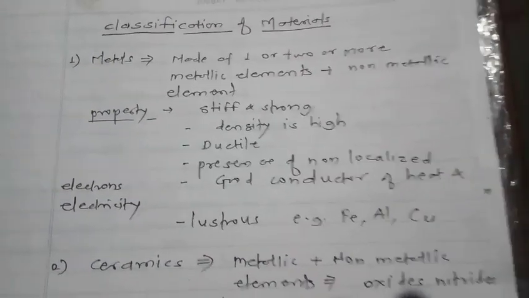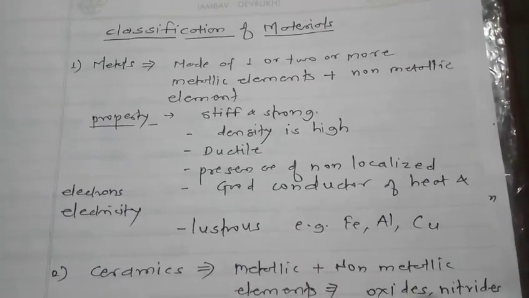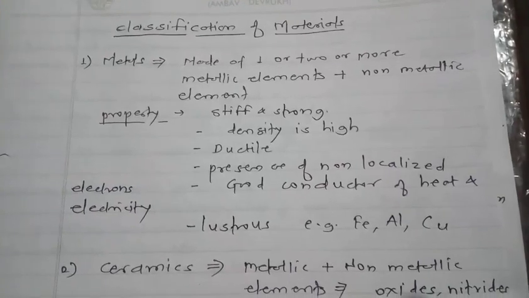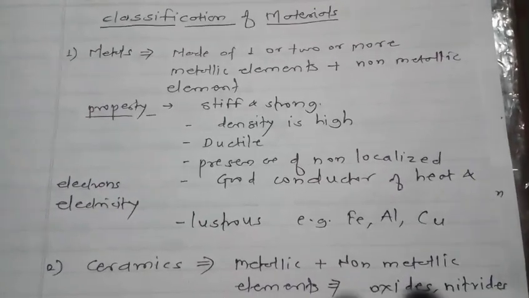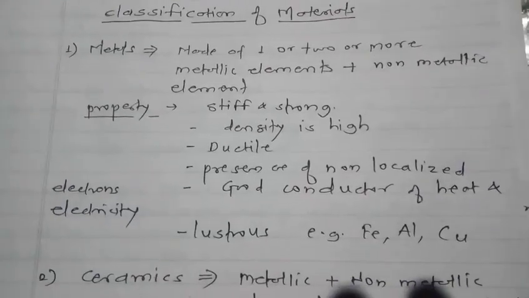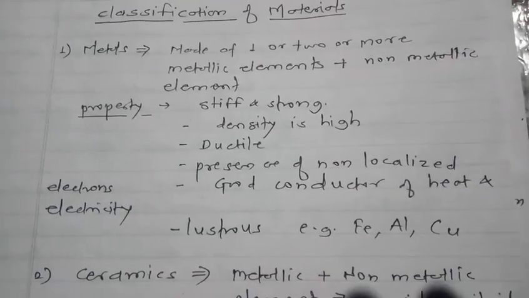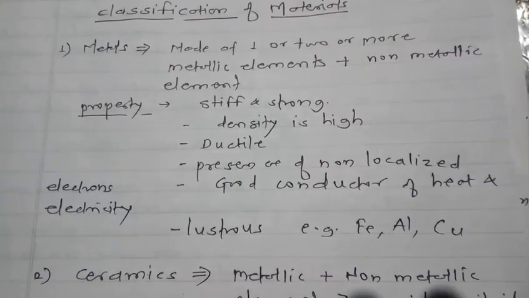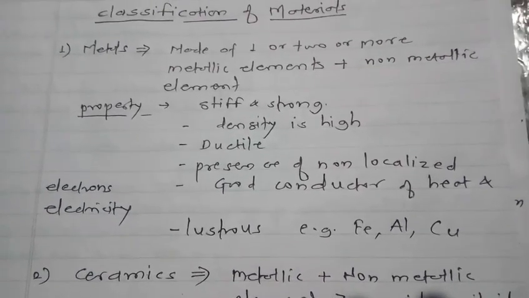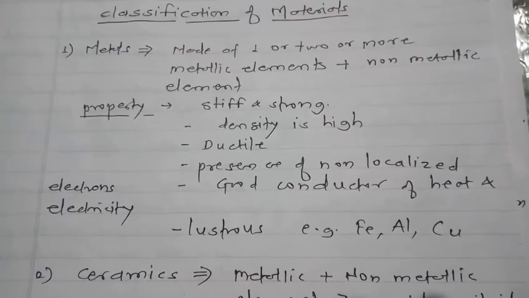Then what are the properties? Everyone knows metals are stiff and strong, right? Then second, density is high. What is the meaning of density? Mass per unit volume. Means for a small volume of the metal we will have greater mass or greater weight. The density is high for the particular metal.